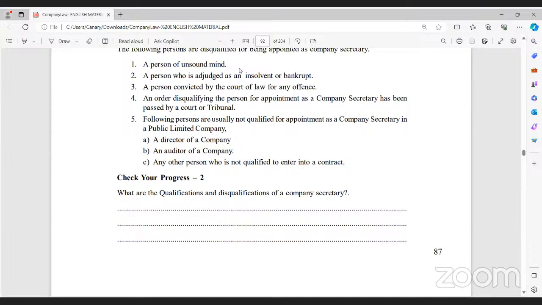And also a director of a company, an auditor of a company, or any other person who is not qualified to enter into a contract, these people also cannot be appointed as a company secretary.